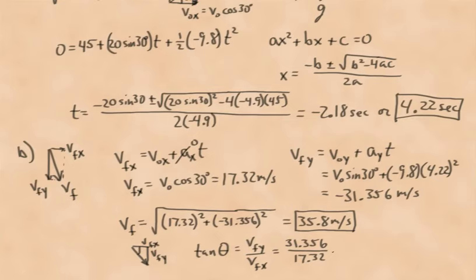I'm not putting the minus sign in because the picture tells me how the angle is oriented. So 61.1 degrees below the horizontal.